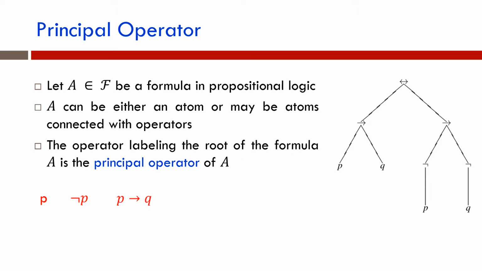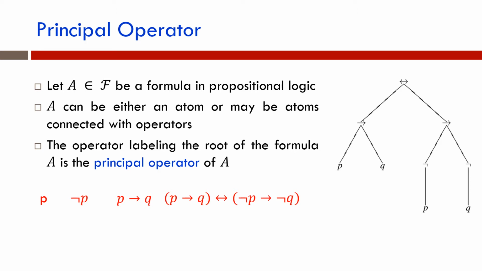Then we have P implies Q, which is a formula in propositional logic. Here we have two atoms P and Q, to which the implies operator is applied, or which are connected using the implies operator. Now, P implies Q equivalence negation P implies negation Q is another formula in propositional logic.